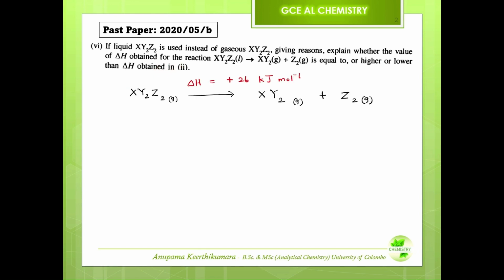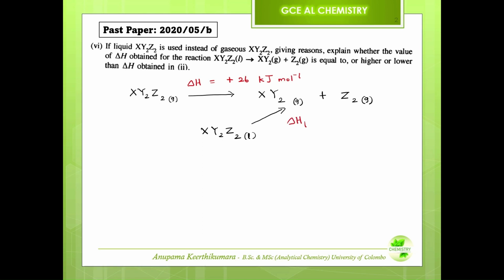Enthalpy change when XY2 gas and Z2 gas are produced from gaseous XY2Z2 is plus 26 kilojoules per mole. When liquid XY2Z2 is used to get the same products, the enthalpy change we will assume as delta H1.